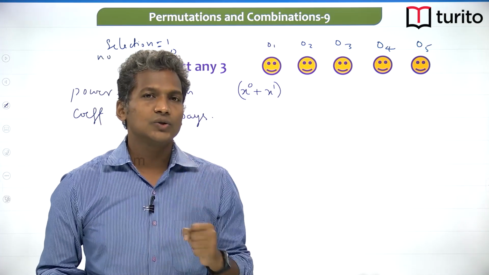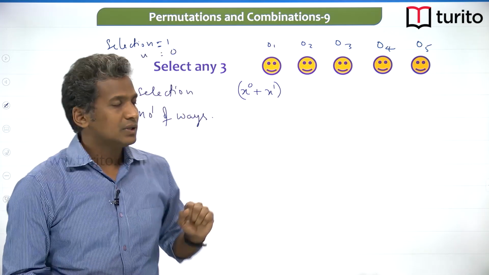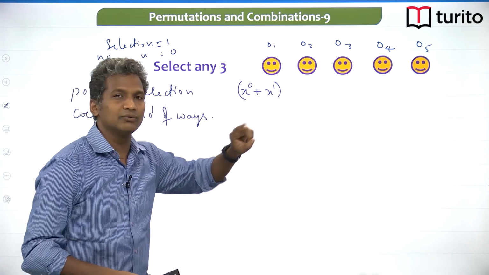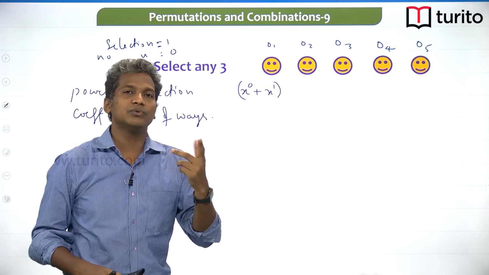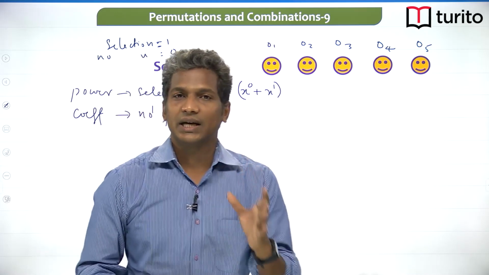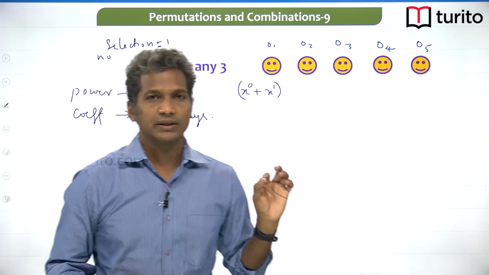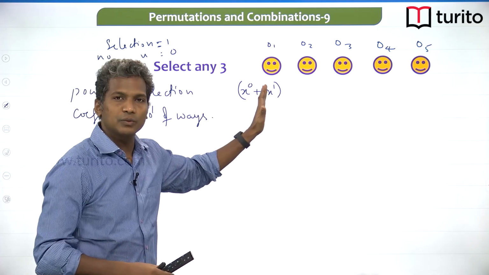It is 1. The object can be not selected in one way, and the object can also be selected in one way. So both terms have coefficient 1. Power represents selection, coefficient represents the number of ways of selection. So this is for the first object.